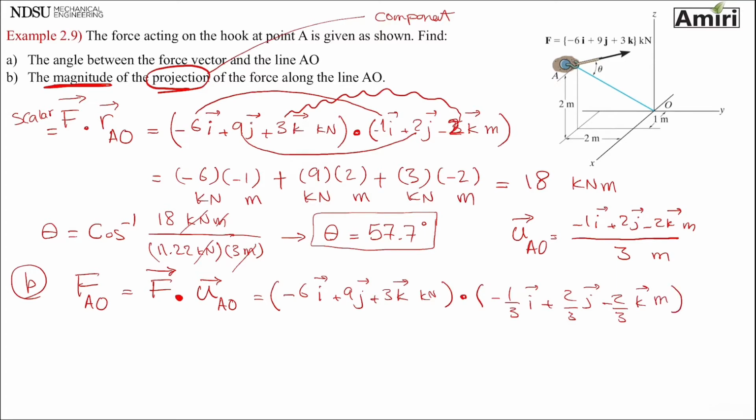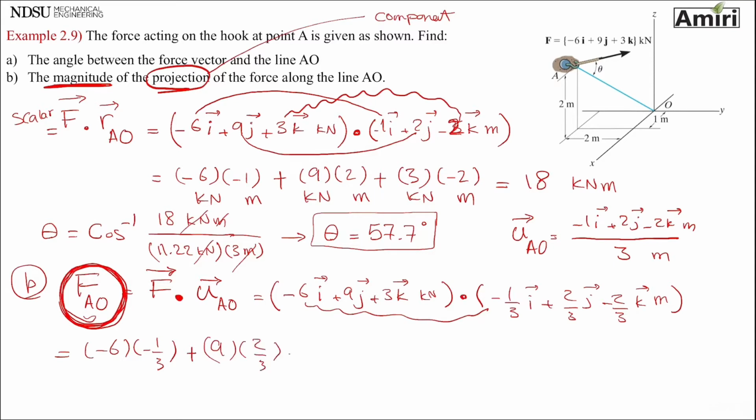Same as above, so 6 minus 6 minus 1 over 3 plus, again no ijk, the result should be a scalar. Look, one side is a scalar, there are no arrows, and the other side is a vector. So the ijk's get eliminated because i dot i is 1, j dot j is 1, k dot k is 1.